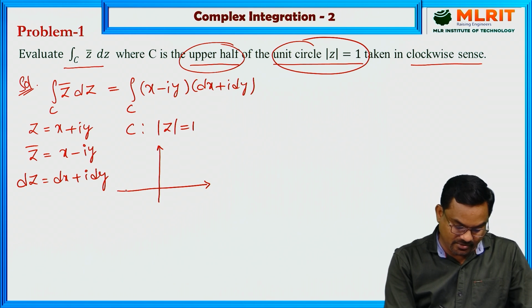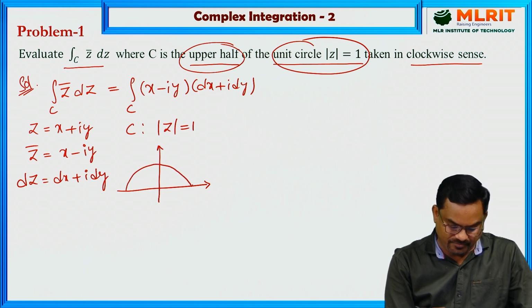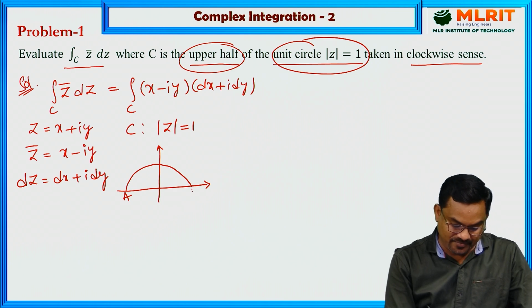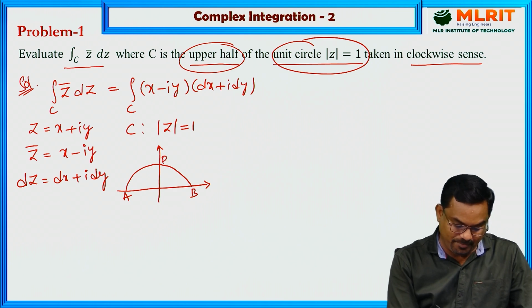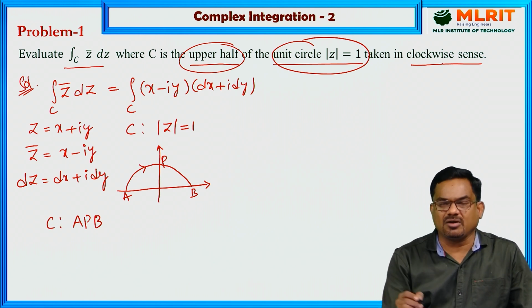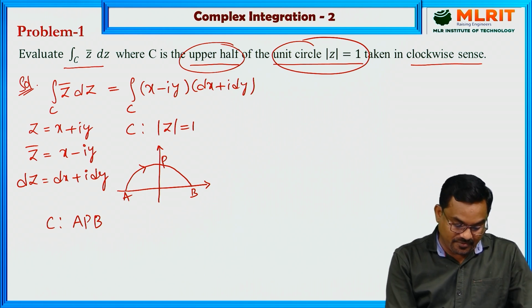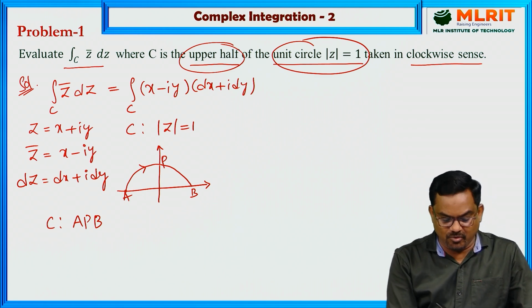We need to consider only the upper half. If I consider this as A and this as B and this is some point P, we need to evaluate along APB. The curve C is in this direction, clockwise sense. So, APB. That means from A, we are moving towards B in clockwise sense.